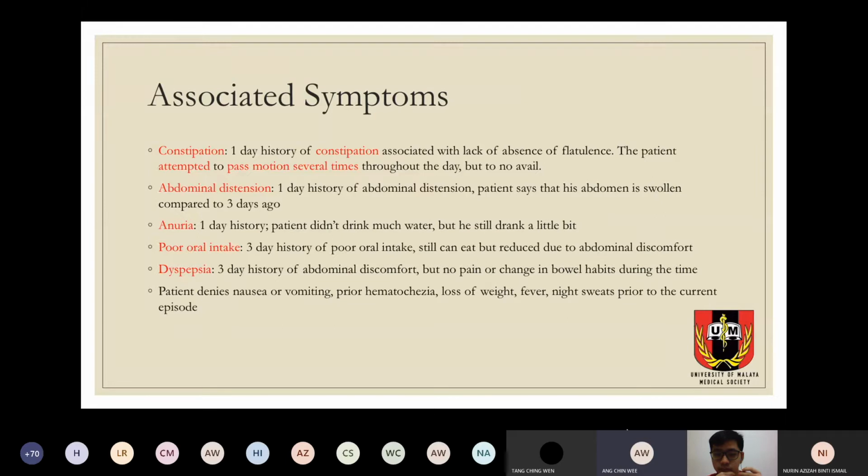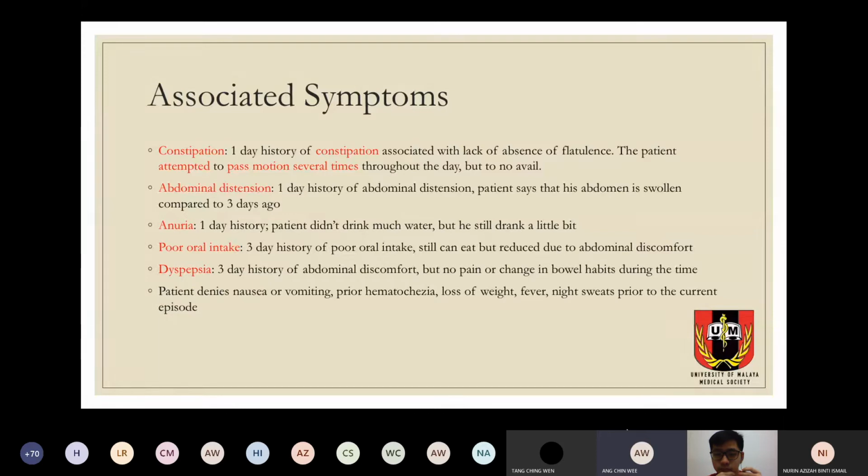So again, it's a very vague symptom, nothing really for you to go from there. Very short history. And then poor oral intake, again, very vague, right? So again, don't go into poor oral intake history much more. You can ask a bit, but don't waste time asking too much on that.